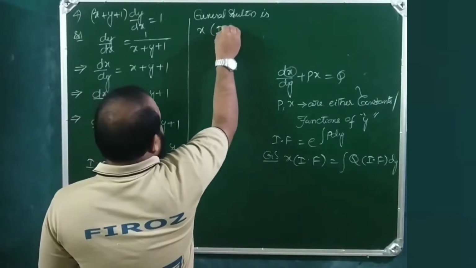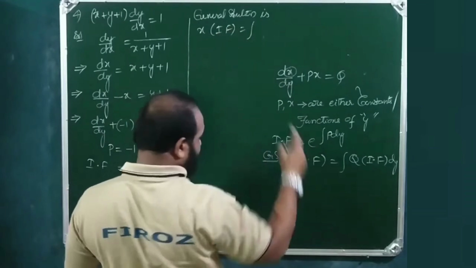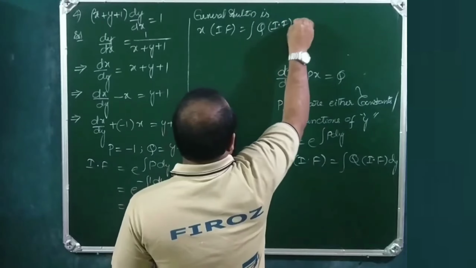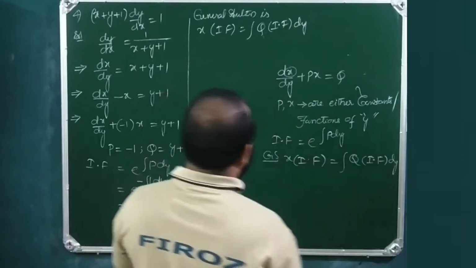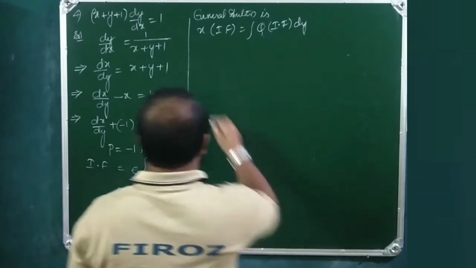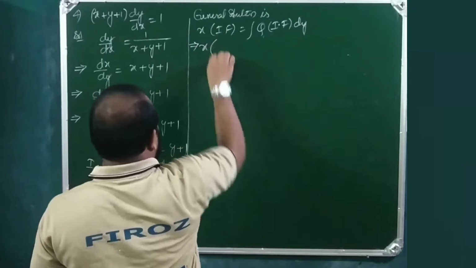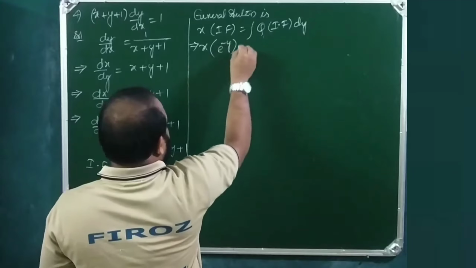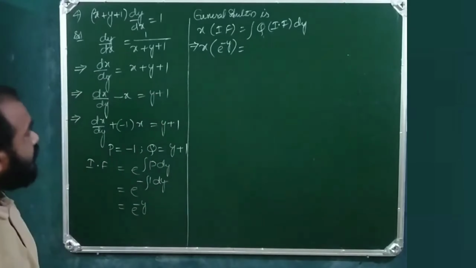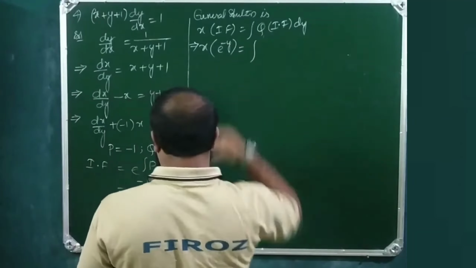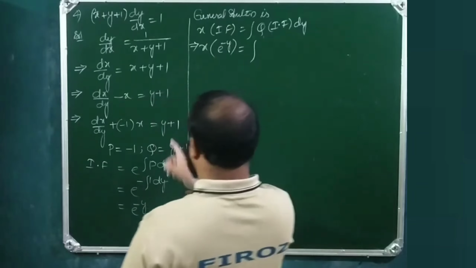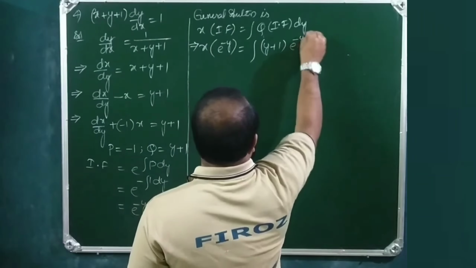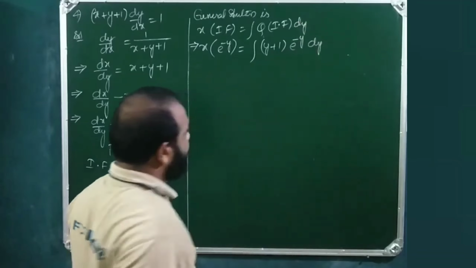So x into e power minus y is equal to integral of q, which is y plus 1, into e power minus y dy.